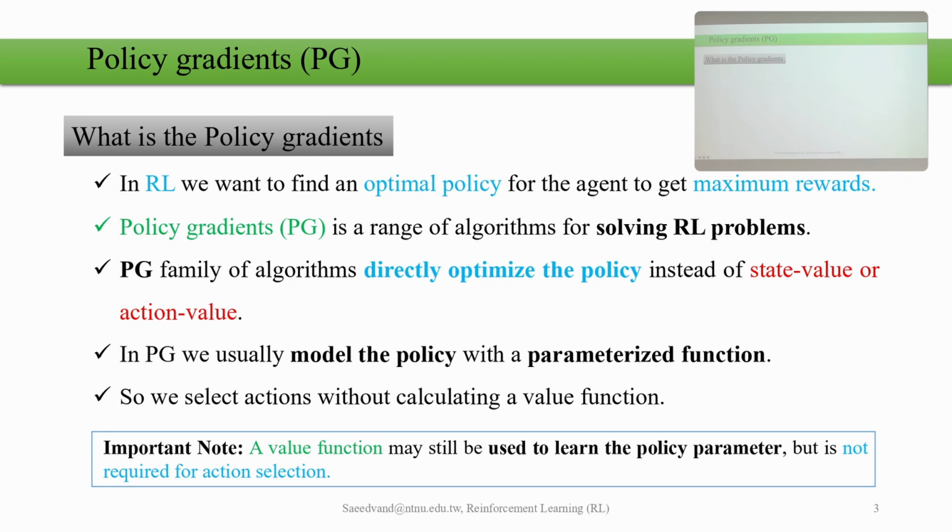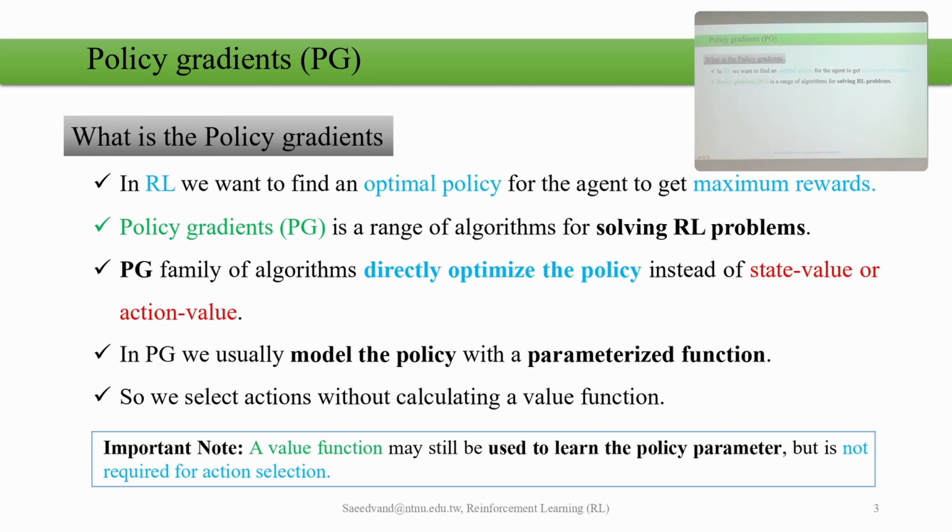So what is the policy gradient? First of all, in reinforcement learning, what was the main objective? The main objective was finding the optimal policy for the agent to maximize reward. Our agent is trying different actions in the environment, and we wanted to find the best policy so that finally we collect the maximum possible reward. This was the general idea that we had.